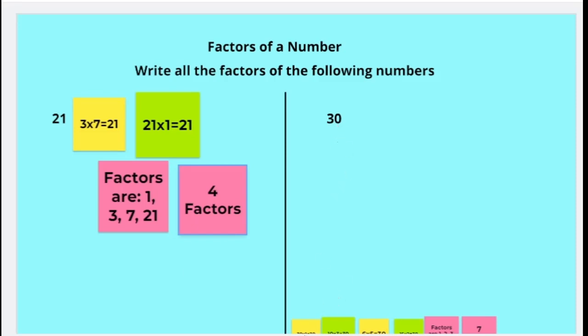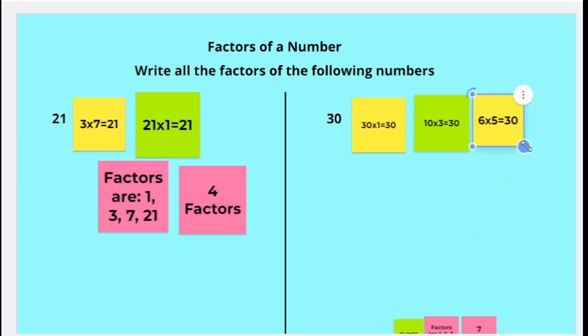Let's look at 30. 30 times 1 equals 30. 10 times 3 equals 30. 6 times 5 equals 30. 15 times 2 also equals 30. So how many factors does 30 have?